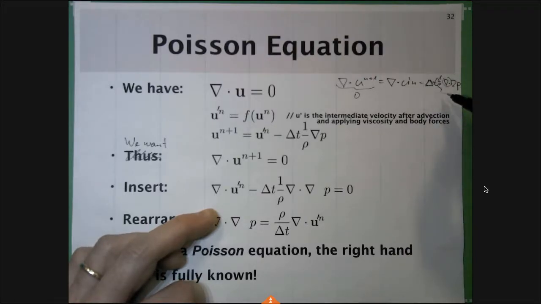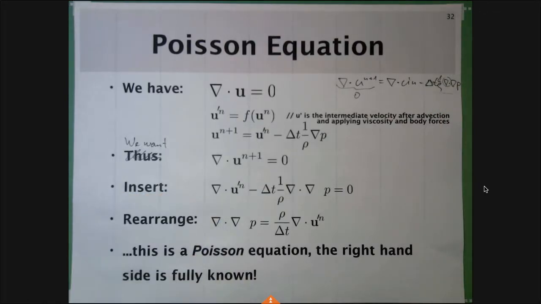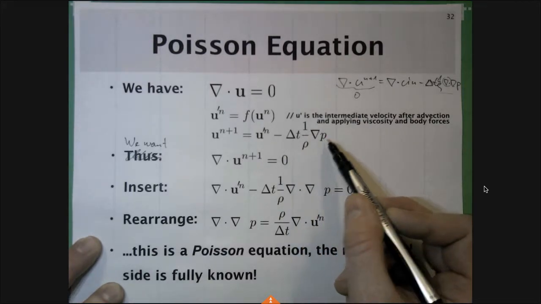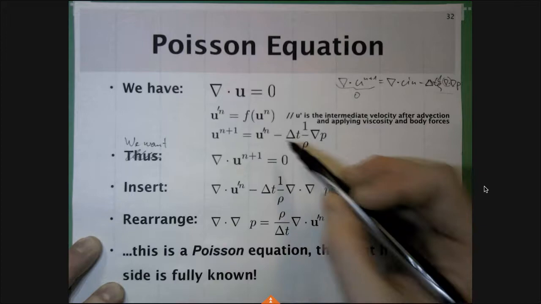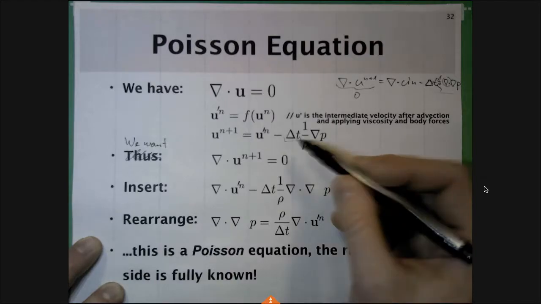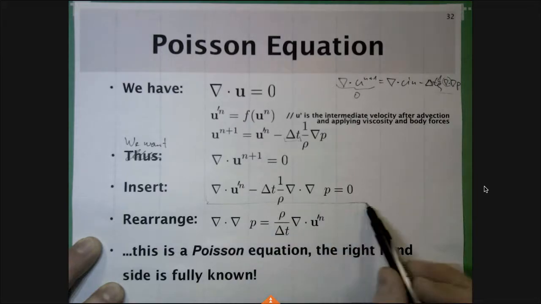This is not a Laplacian of t. Delta t is the time step. This really means just forward Euler on the gradient of pressure. So this is the force due to pressure integrated forward by step delta t. Sorry about the notation. Maybe I should change it to some h or something. So this is how we get this. Everybody cool with that?